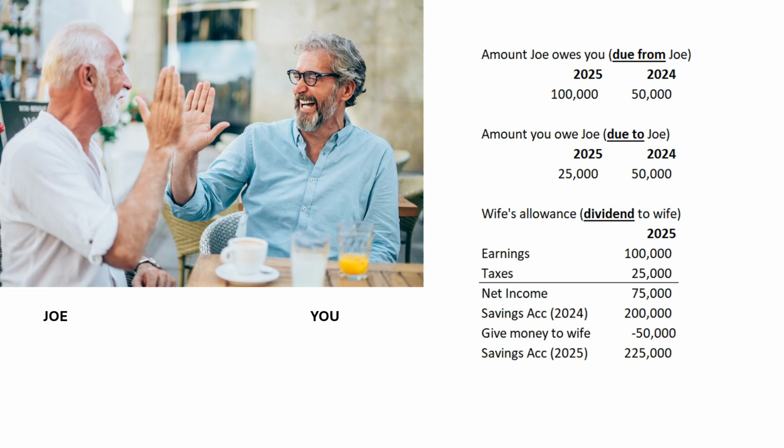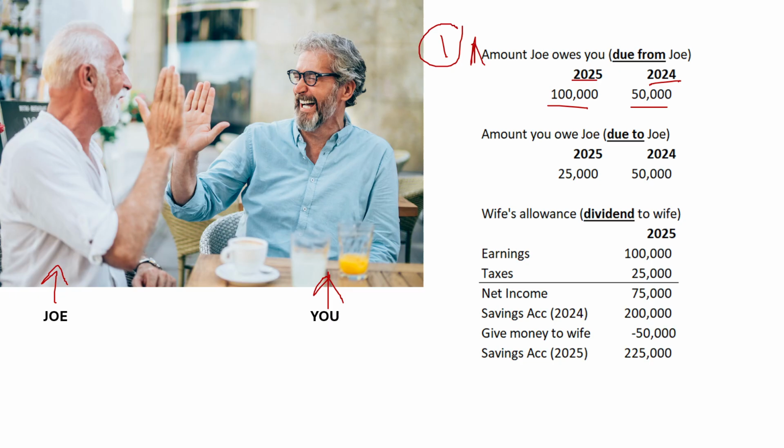So here, this is a stock image. We're going to assume that you're the guy in the glasses, and then your friend is Joe. Let's start from the top here. Let's say in scenario one, we have, in statement format, 2024 and 2025, and these numbers are basically the amount that Joe owes you.